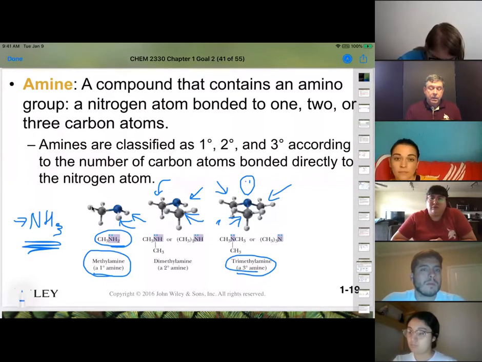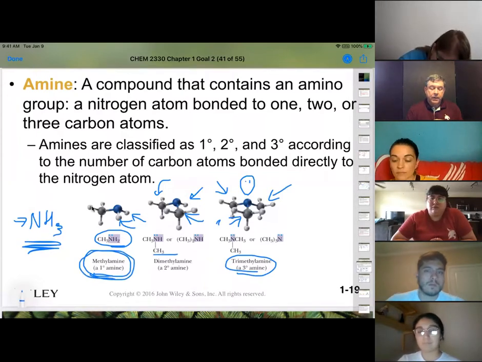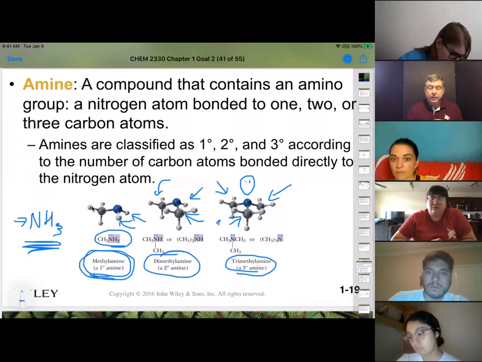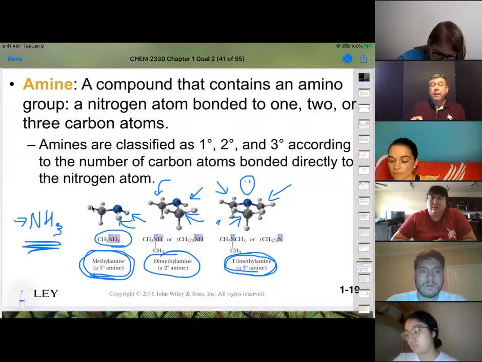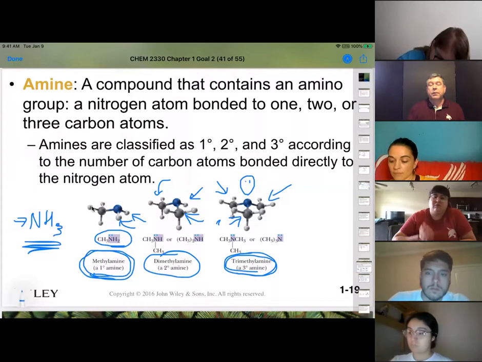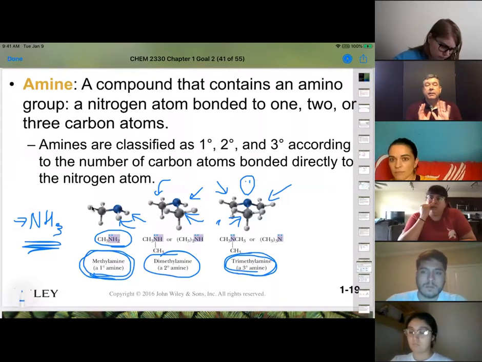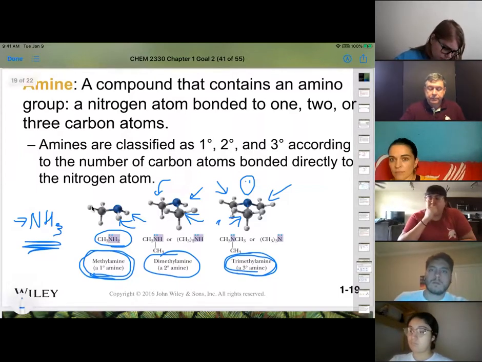So 1 carbon bonded to the nitrogen, it's a primary; 2 carbons, secondary; 3 carbons, tertiary. Now, you can actually put a 4th carbon on here if you make that nitrogen positively charged, and we'll talk about those in another chapter. But that's just the basic idea of amines.